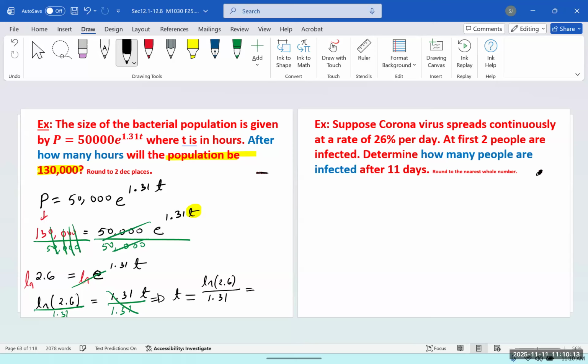Using the calculator, what does it become? 0.729, so 0.73.